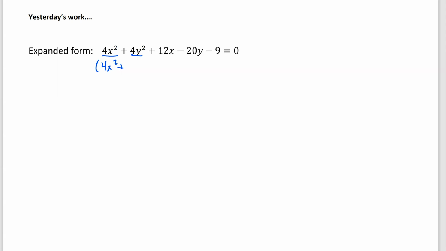So I'm going to put the x's in one parenthesis and the y's in a second parenthesis, and move this 9 to the other side. See, I got to factor the 4 out.